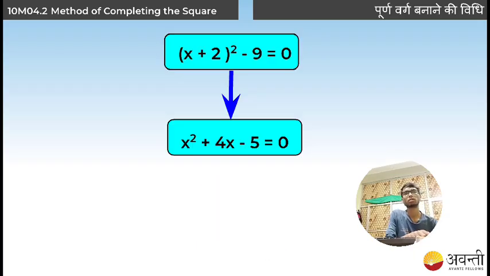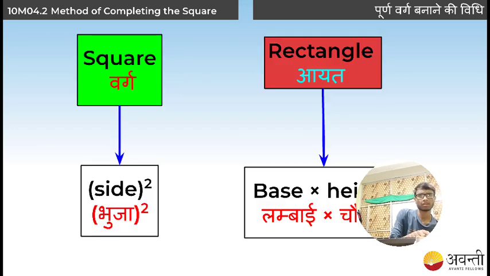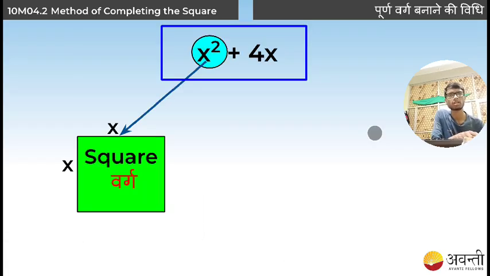Now it is becoming this much, and both are equal to each other. What about this? (x + a)^2 - b is equal to a. A square and a rectangle: we know that a square gives side squared, and a rectangle gives base multiplied by height.